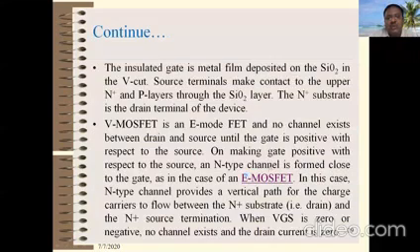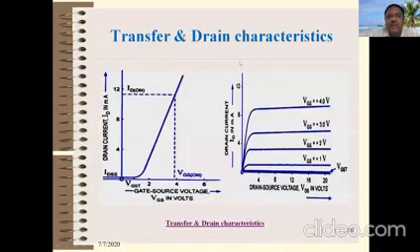As you increase the gate to source voltage, the current ID also increases. Initially this current ID increases in what is called the ohmic region. Then it increases slowly; that region is called the square root law region, and then it becomes constant. This region is called the saturation region.